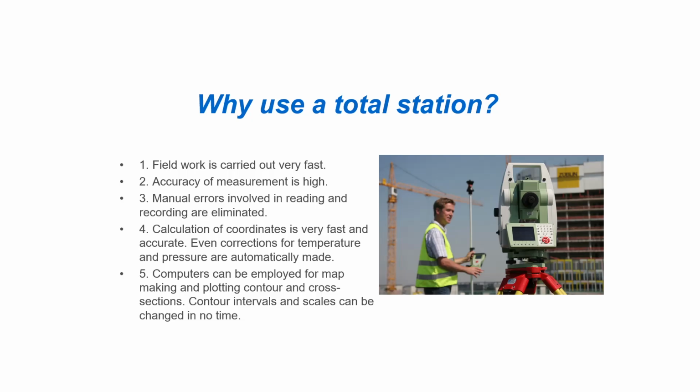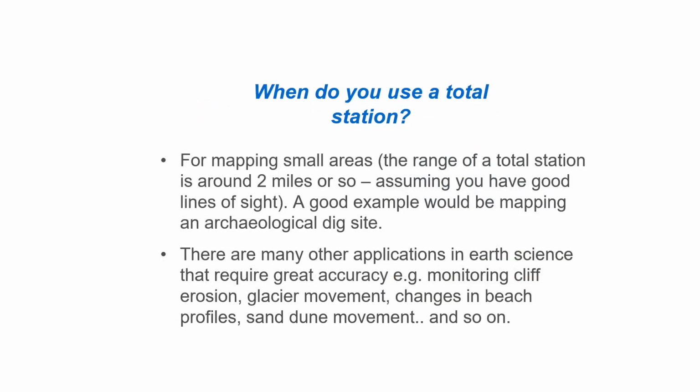Computers can be employed for map making and plotting contour and cross sections. Contour intervals and scales can be changed in no time. For mapping small areas, we use total stations. The range of a total station is around 2 miles or so, assuming you have good lines of sight.